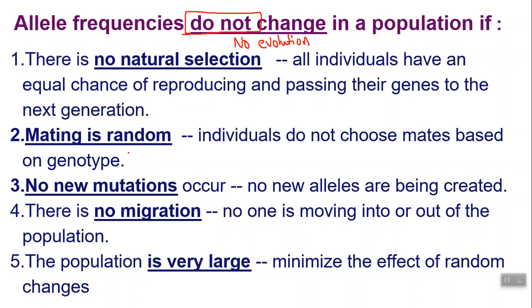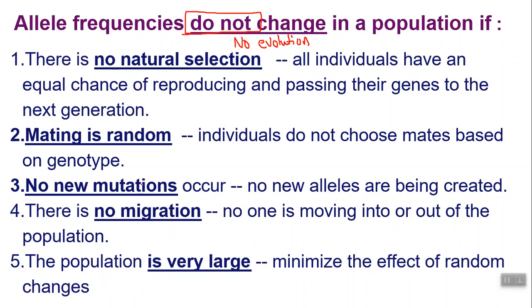Mating must be random. Individuals don't choose their mates. There must be no new mutations. No new alleles are being created. There must be no migration in or out. And the populations must be very, very large.